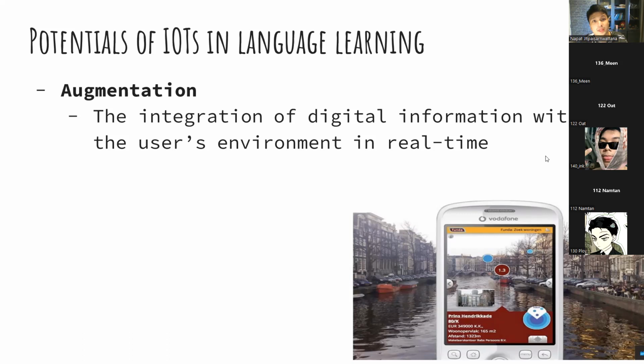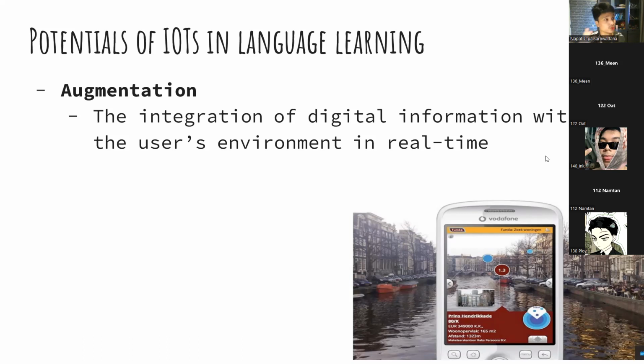So let's say if we want to do an AR application for Wang Kha Phra campus for language learning, right? We could just walk around, we could create different vocabulary for different parts, right? And then perhaps the next batch, when they come in, they can just use the application.